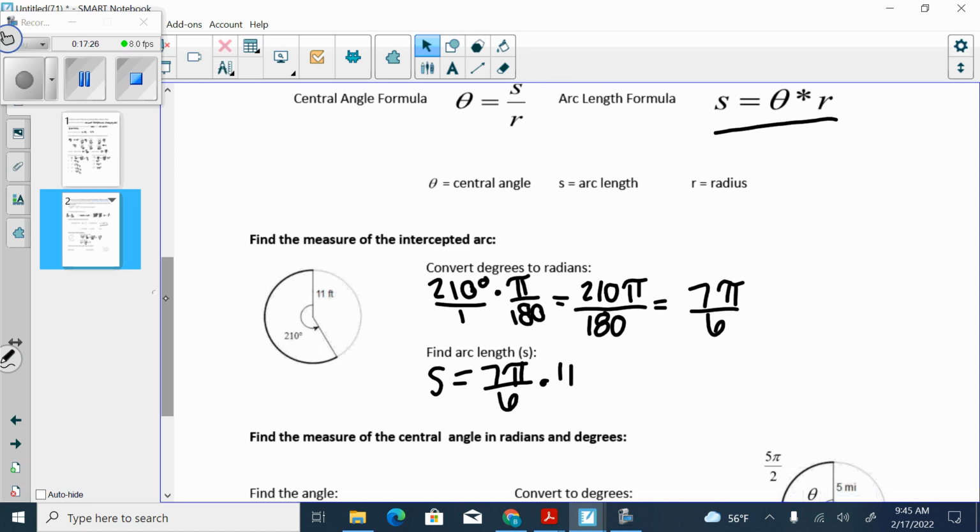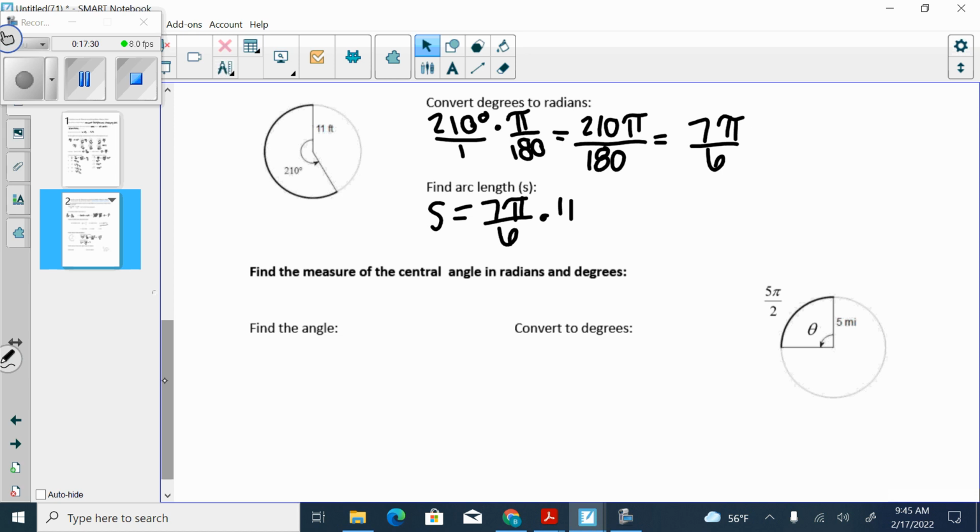Again, if it's helpful, you can put that 11 over 1 to keep your line straight. We multiply across the top. I got 7 pi times 11, which is 77 pi, over 6, and 77 is not divisible by 6. So here is our arc length.